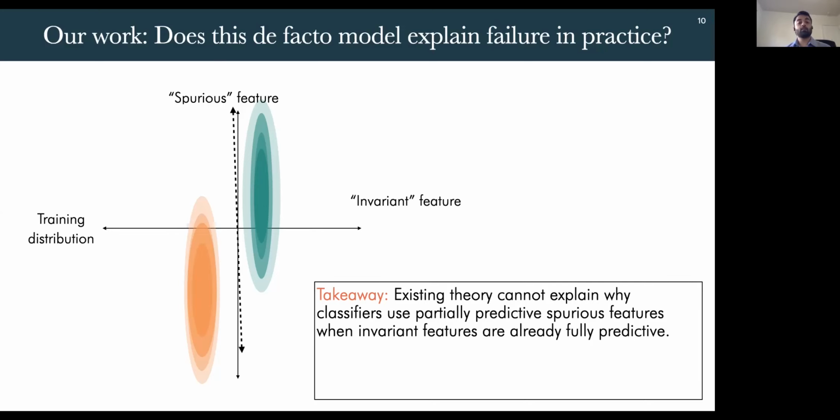That indicates that there should be a much simpler and more fundamental reason why the classifiers that we use in practice rely on the spurious correlation. And in the rest of the talk, I'll go over what these fundamental sources of failure are. Sorry, is there any question about the motivation?